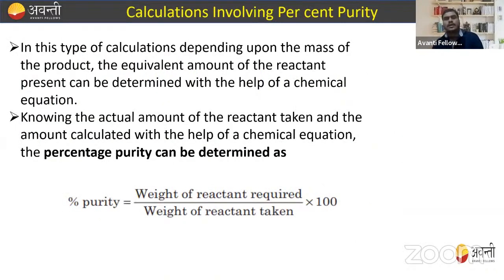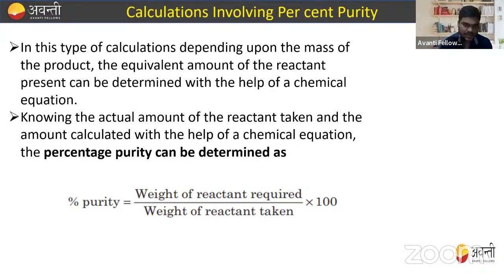Now, this calculation is based upon percentage purity. In this type of calculation, depending upon the mass of the product, the equivalent amount of the reactant present can be determined with the help of a chemical equation. So knowing the actual amount of the reactant taken and the amount calculated with the help of the chemical equation, the percentage purity can be determined.